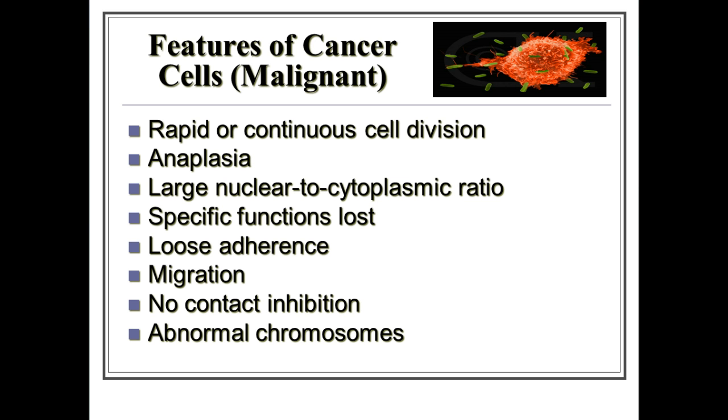Loose adherence means the cancer cell can go from this organ or tissue to another tissue. It migrates, and it has no contact inhibition, so if it comes into contact with something, it's not inhibited. It's still going to keep doing what it's doing. And it has abnormal chromosomes.